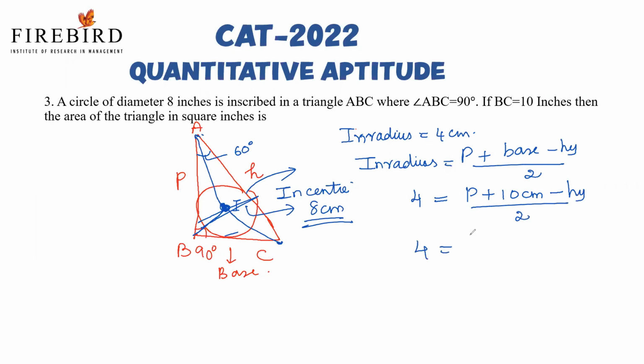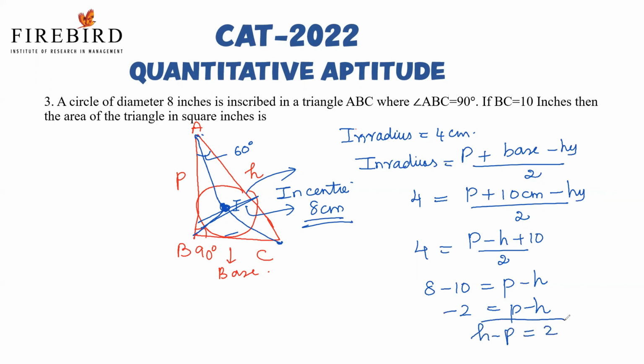Okay, 4 is equal to P minus H plus 10 divided by 2. So 8 minus 10 is equal to P minus H. Okay, so minus 2 is equal to P minus H, or you can write it as H minus P is equal to 2. Take this as one equation. Okay, H minus P is equal to 2, or you can write H is equal to 2 plus P.